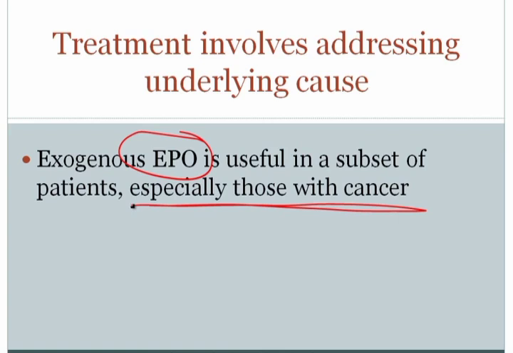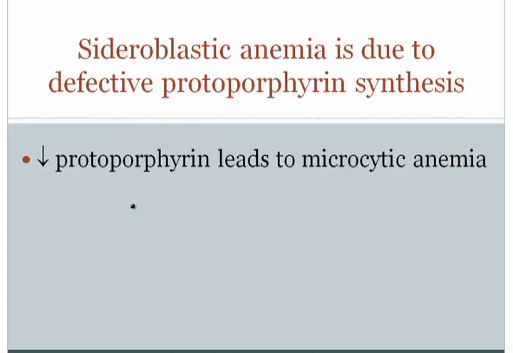The next of the microcytic anemias that I would like to discuss is called sideroblastic anemia. Now, sideroblastic anemia is going to be due to a defect in protoporphyrin synthesis. Again, let's remind ourselves that heme is composed of iron plus protoporphyrin.